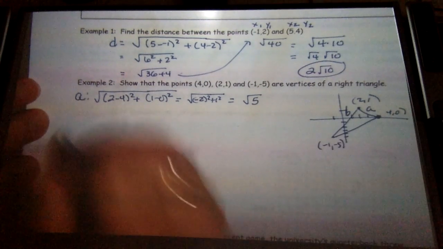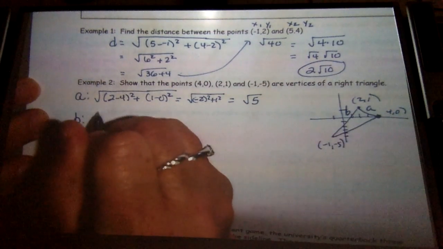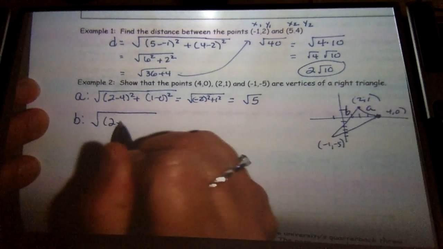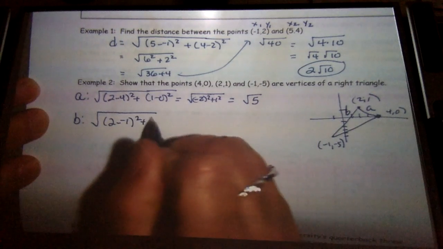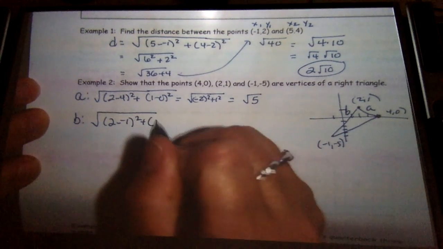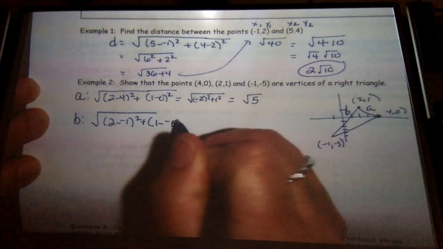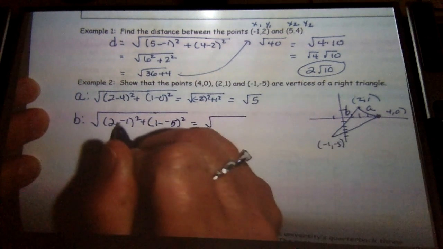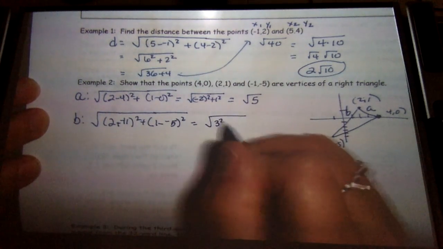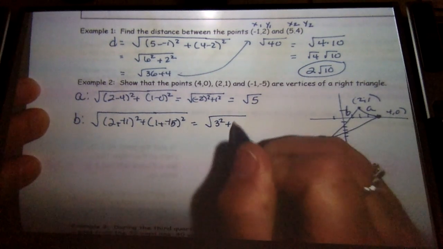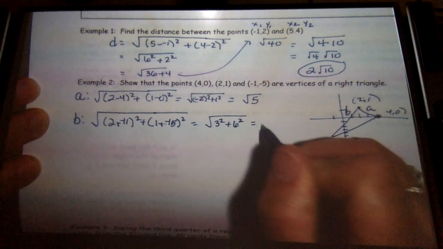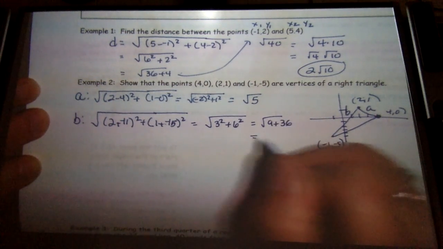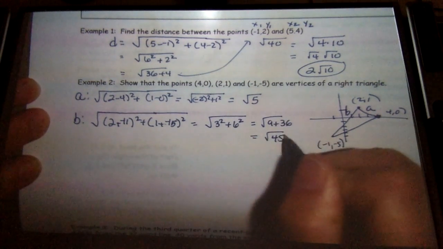This one will be B. It's going to be 2 minus -1 squared plus 1 minus -5 squared. 3 squared plus 6 squared. 9 plus 36, which is 45.